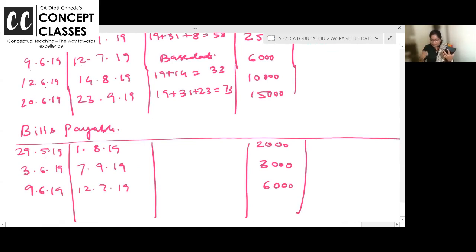Now, same 12th July is the base date, but even if 12th July is not any due date in bills payable, still you will take the common due date. 19 days of July, August and September: 57.